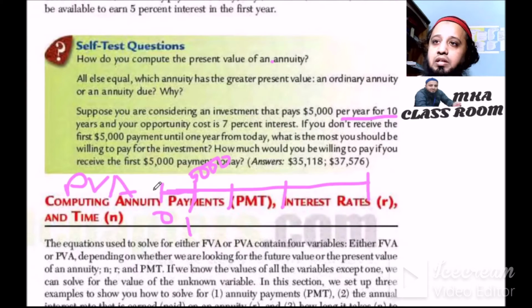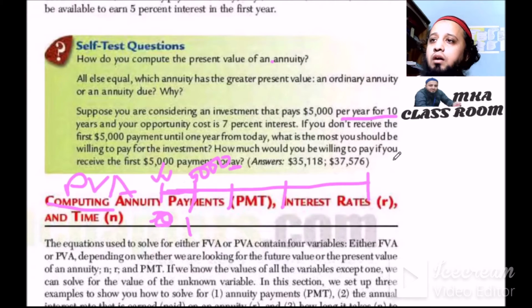That means the first portion is an ordinary annuity, and in the second portion the first payment starts today, at time 0. So, that is an annuity due.